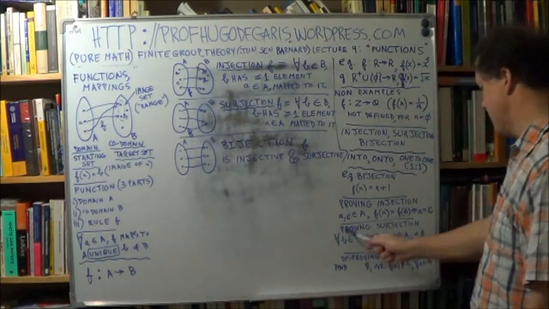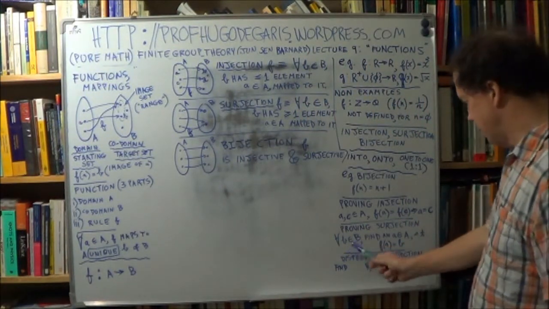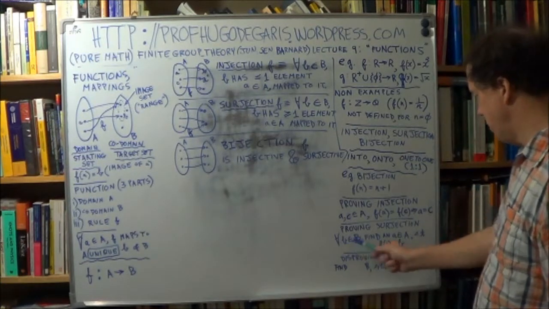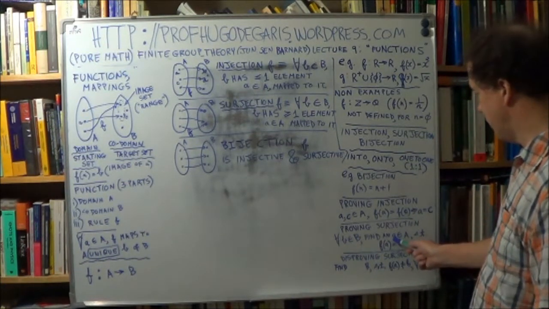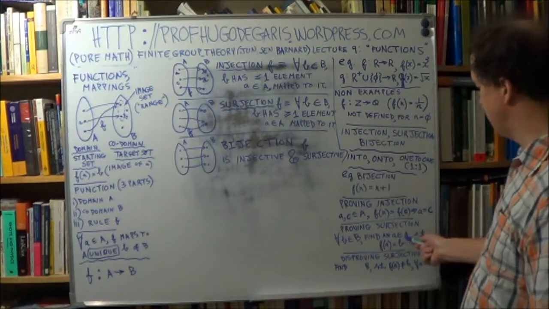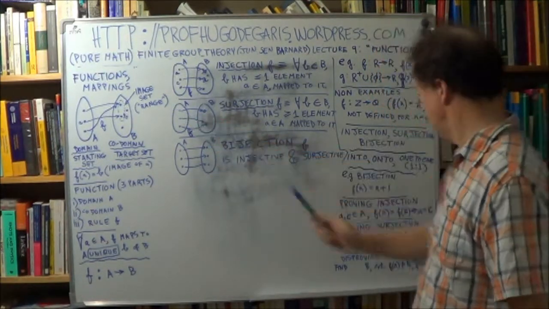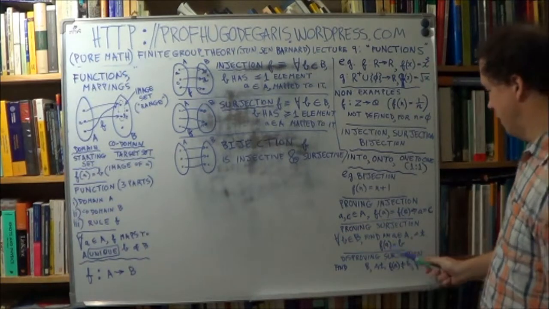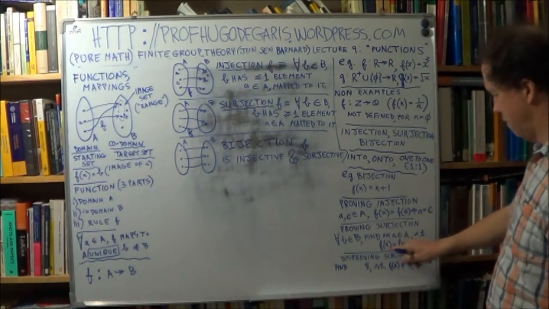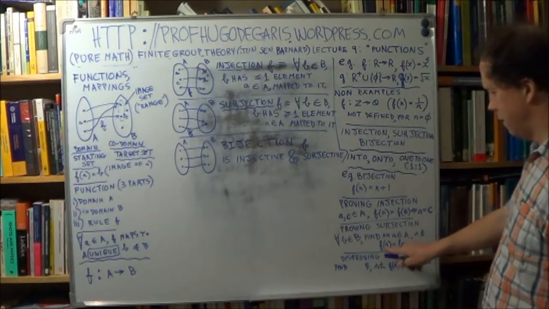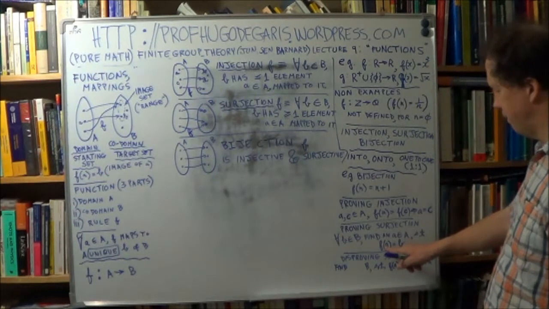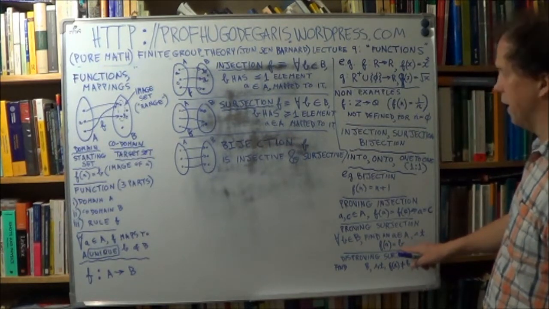Alright? So here's a more formal definition. For each member, find a member of little a from your domain. So just find an a such that little a gets mapped into your little b.